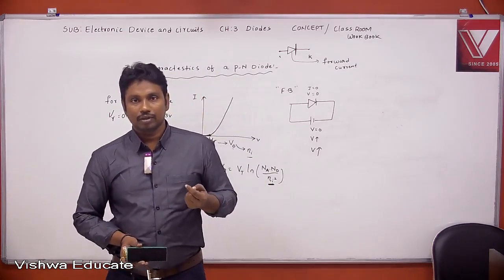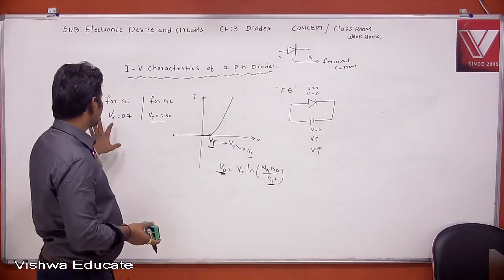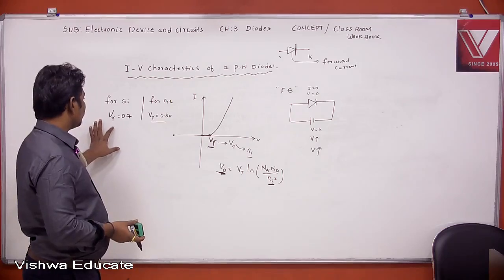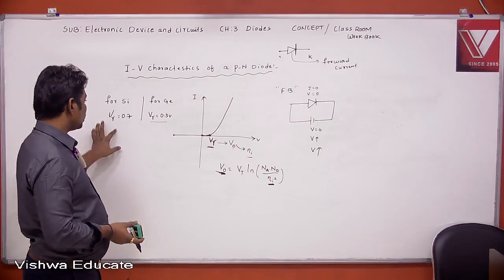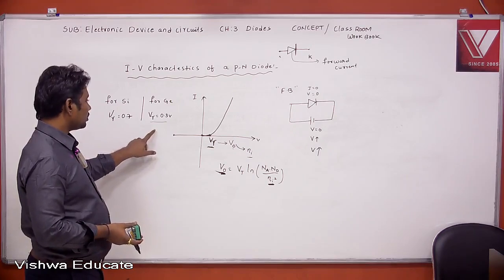Next one, copy this one. For silicon, V gamma is 0.7. For germanium, V gamma is 0.3.